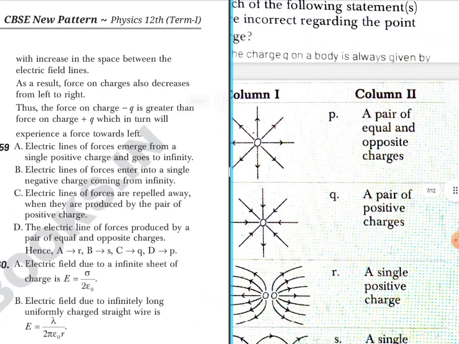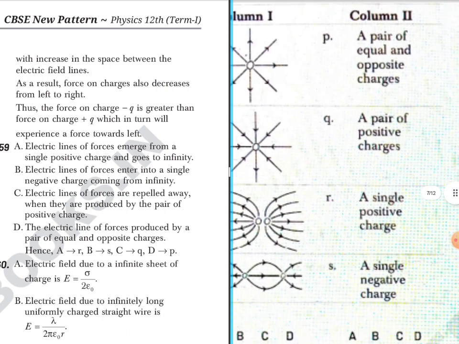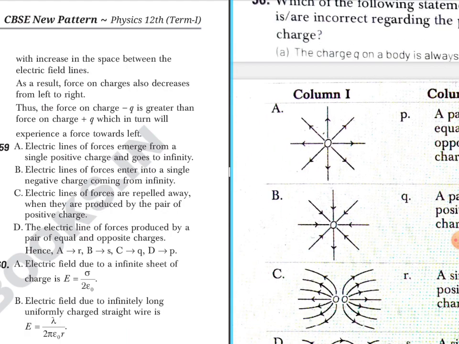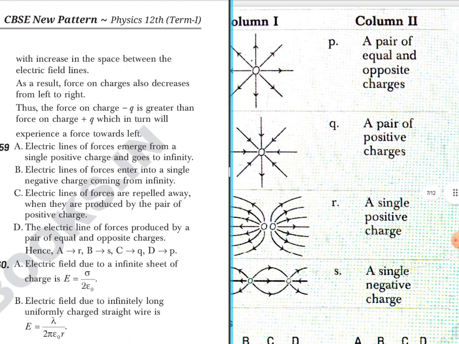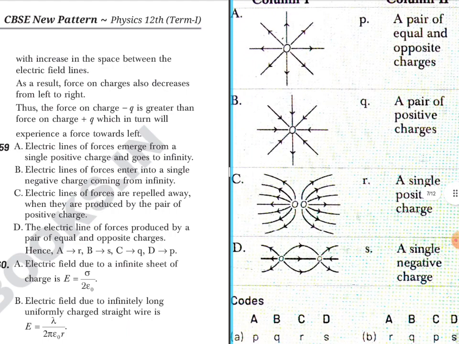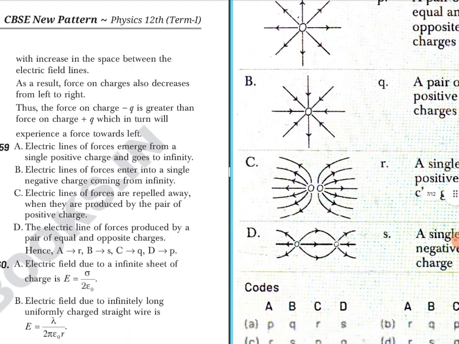Okay, look at this. This first one shows that it's emanating from positive, so it's a single positive charge. So A is related to R. B is a single negative charge, which is S. And C, they emanate and repel each other, a pair of equal and like charges, so two positive charges, which is Q. And what is D?